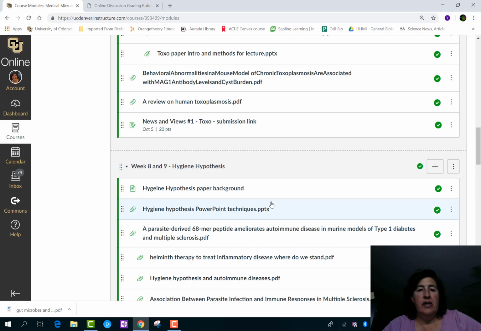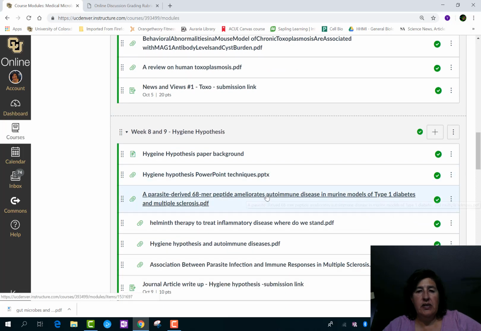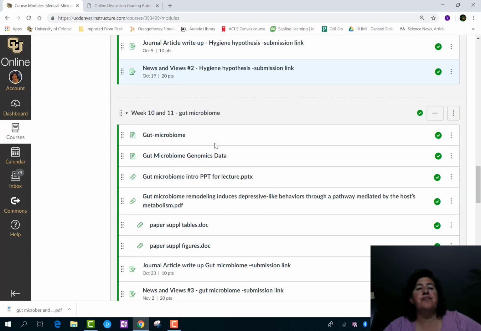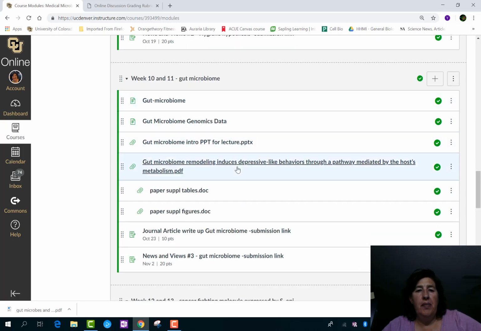Second paper we're going to read is about the hygiene hypothesis and using peptides from a helminth. Here you will have a journal article write-up as well as a news and views. The third paper is the relationship between the gut microbiome and depressive behaviors. Really cool stuff.